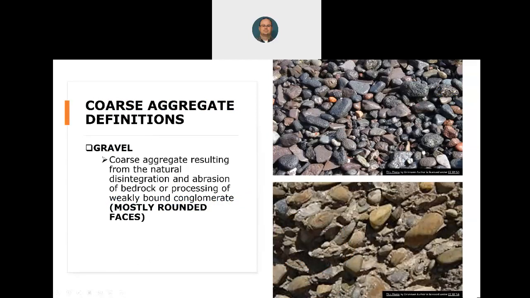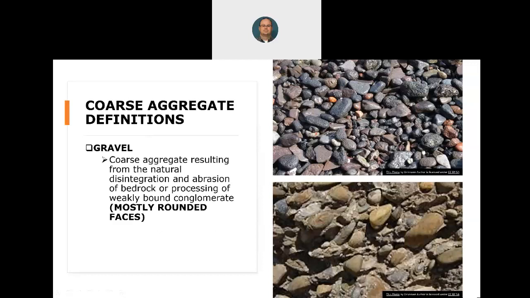So we have gravel, coarse aggregate resulting from natural disintegration and abrasion of bedrock or processing of weakly bound conglomerate, mostly rounded faces. This is what we have around Wisconsin because of our glaciers.